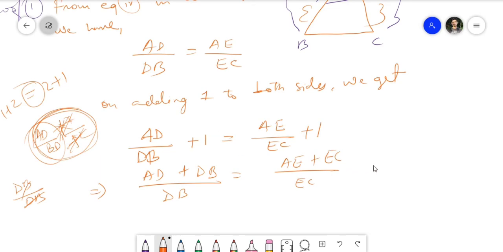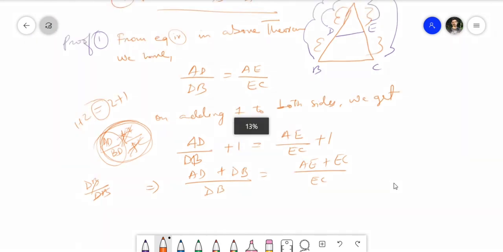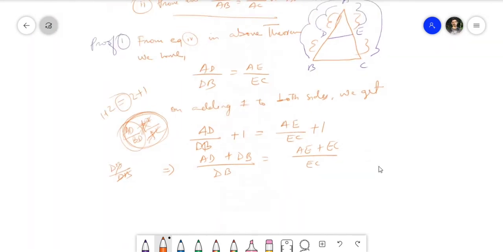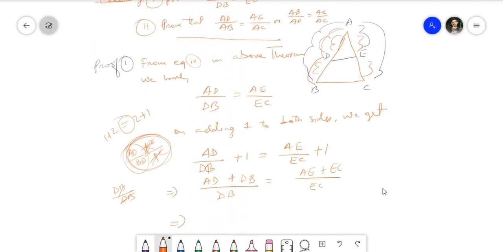So now we'll see one thing which is very interesting over here. AD plus DB. What will you get here? If you add this one and this is your DB, you can see you are getting AB, isn't it?